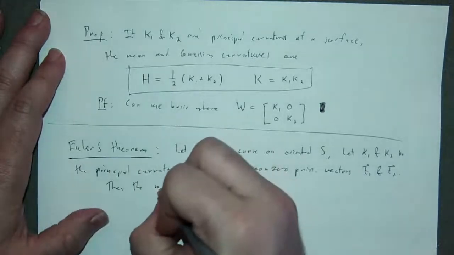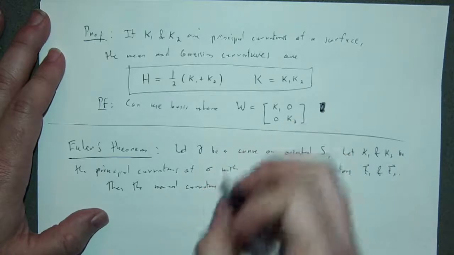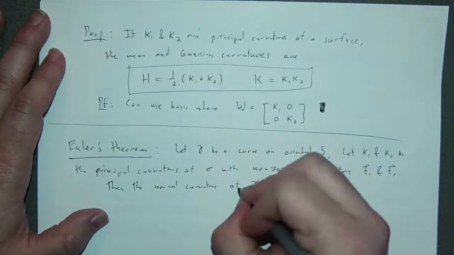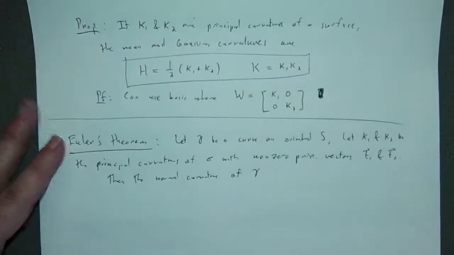the normal curvature of gamma. Remember, we had two curvatures associated with a curve on a surface: normal curvature and geodesic curvature.